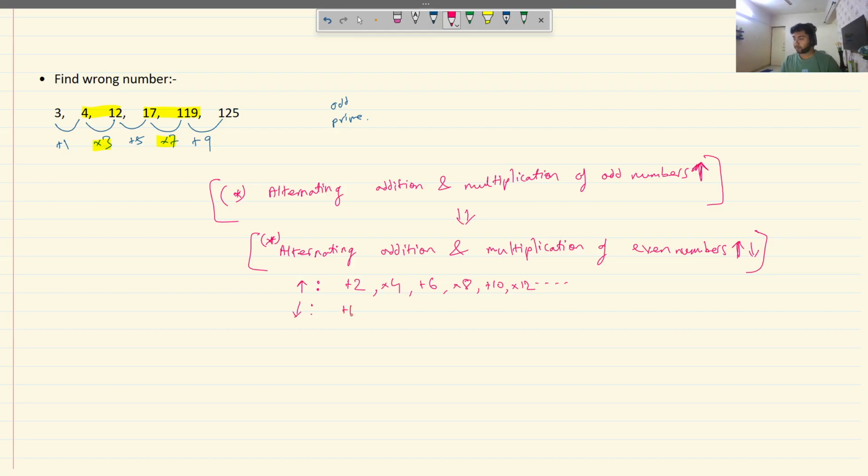So plus 12 into 10, plus 8 into 6, plus 4 into 2. That's how addition and multiplication alternate with even numbers, but the even numbers are gradually decreasing from higher to lower. That can be an alternate logic.